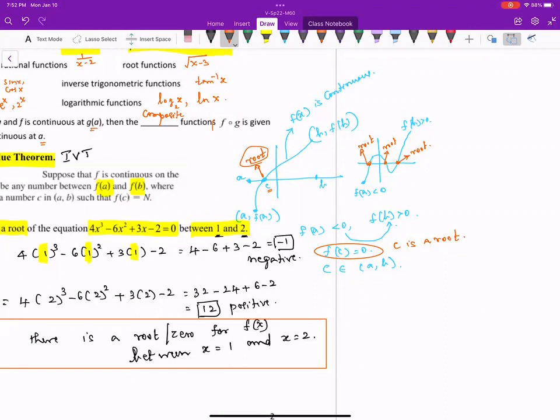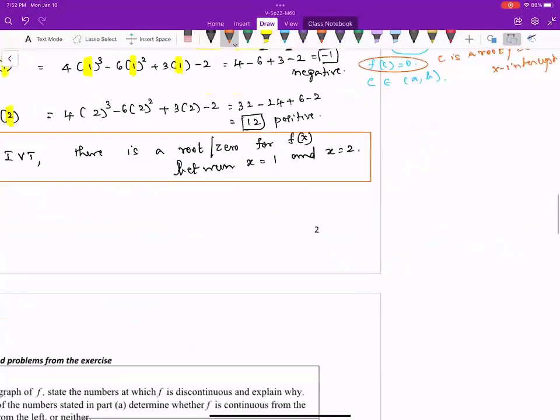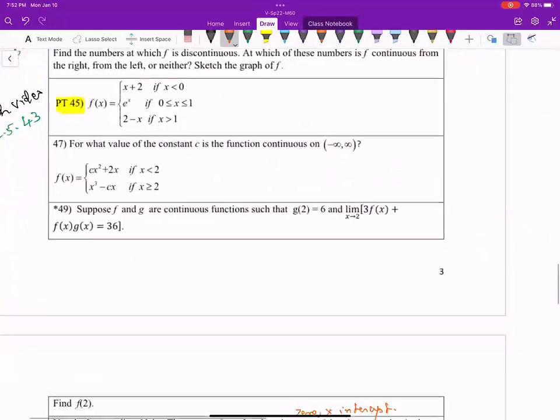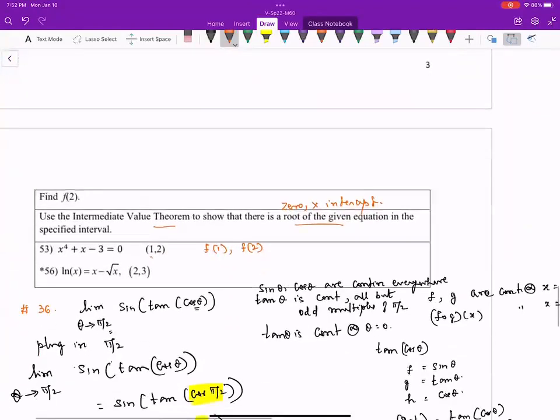The root is also called a 0, which is nothing but the x-intercept. So in these problems, all you have to show is that the two values, in the same way here, f of 2 and f of 3, have different signs.